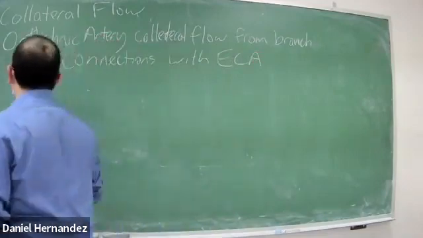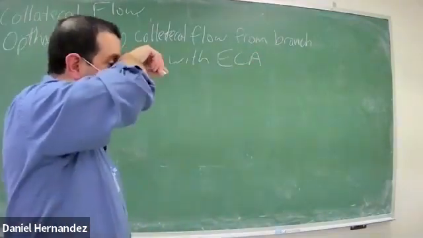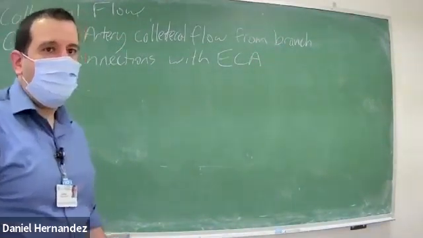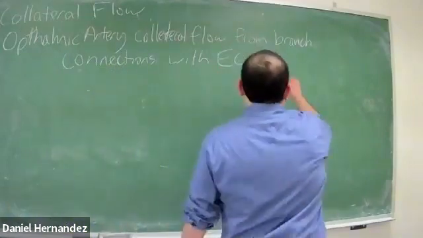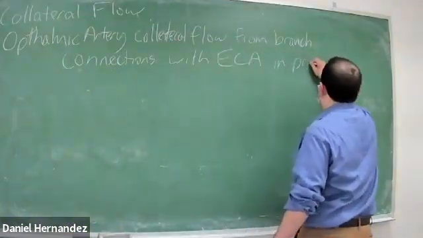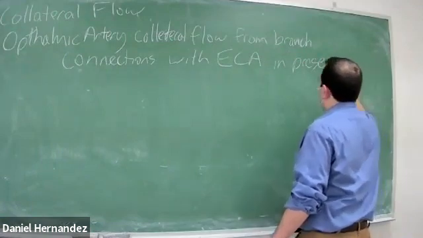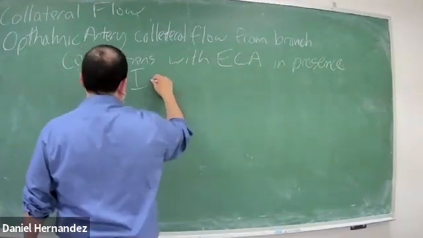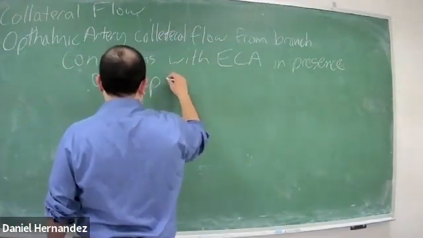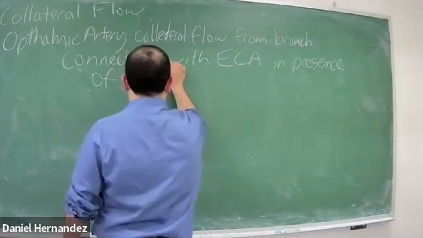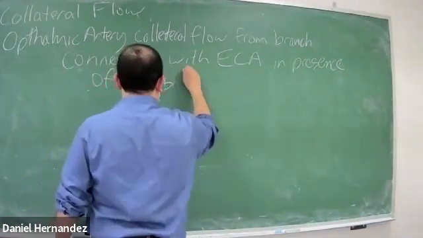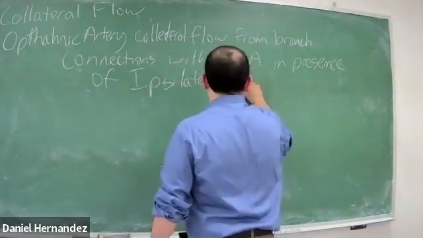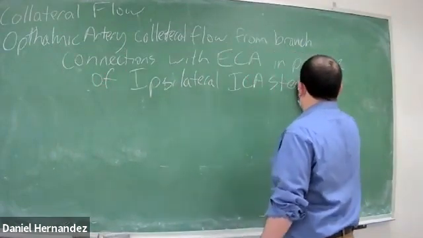There are branch connections between the ECA and the ophthalmic artery, which can provide collateral flow in the presence of ipsilateral ICA stenosis.